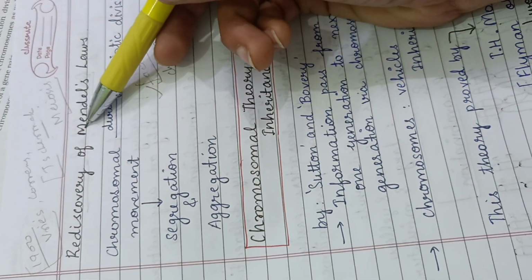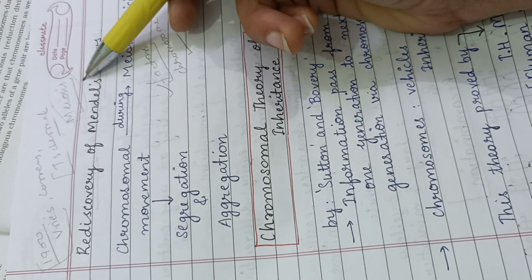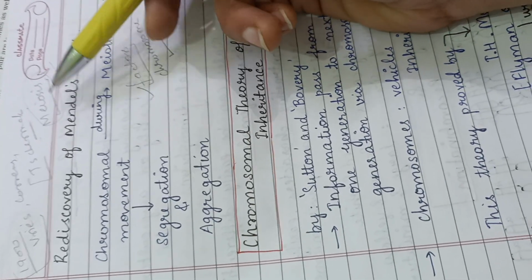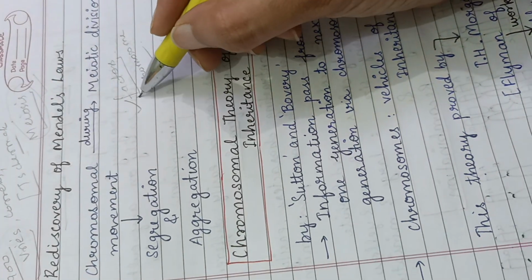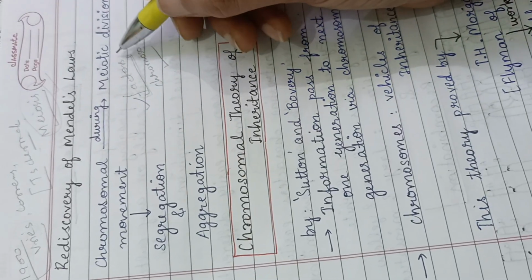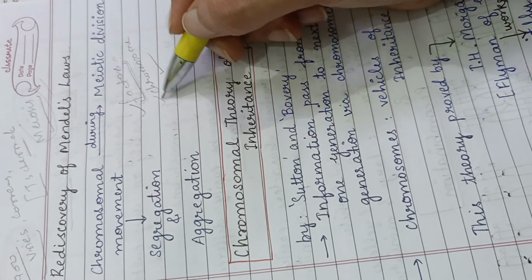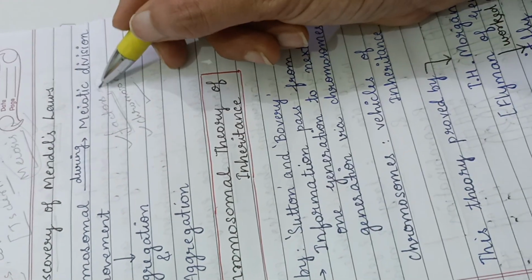Around the same time, these scientists were studying meiosis. So they noticed something fascinating. Mendel gave a term known as factors or genes, and they identified the term chromosome. So the chromosomes behave exactly like the factors.